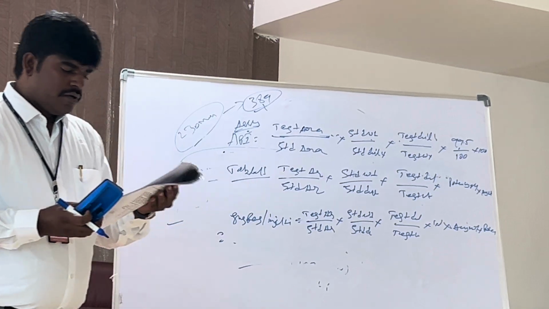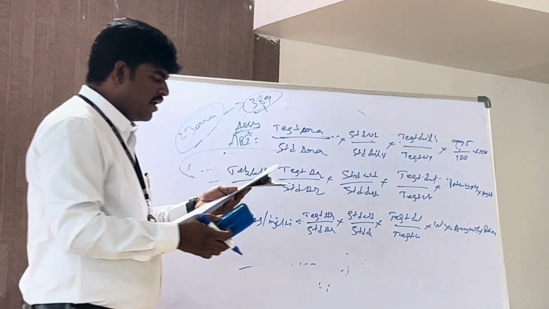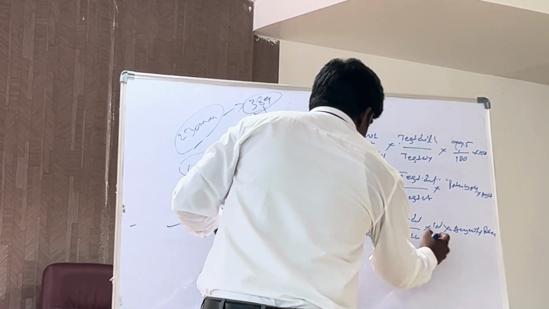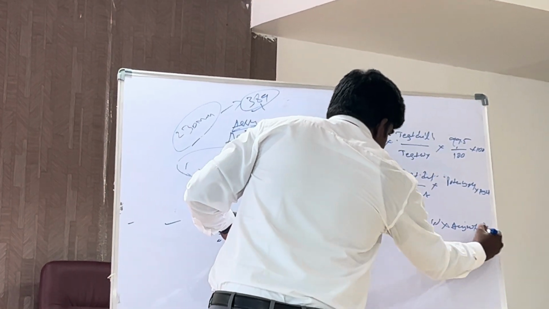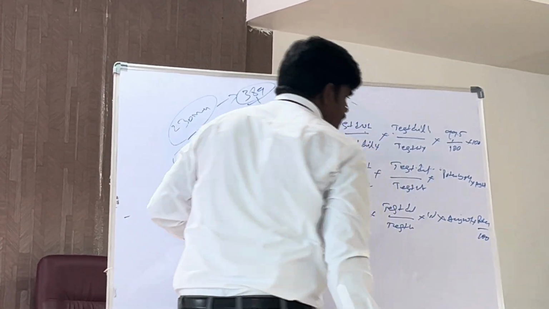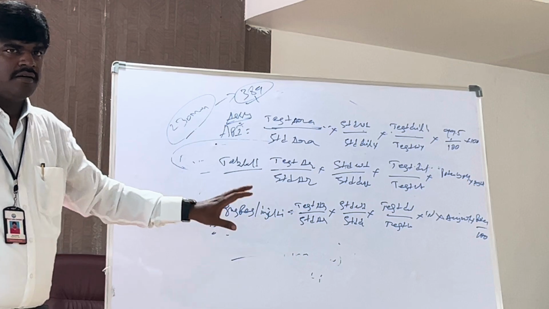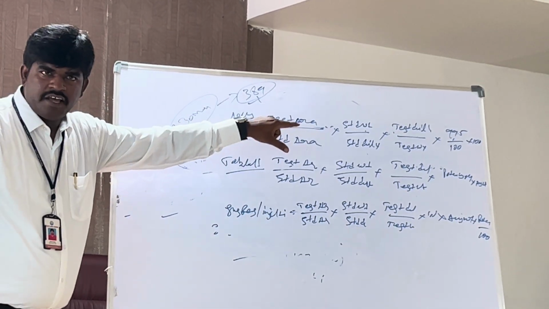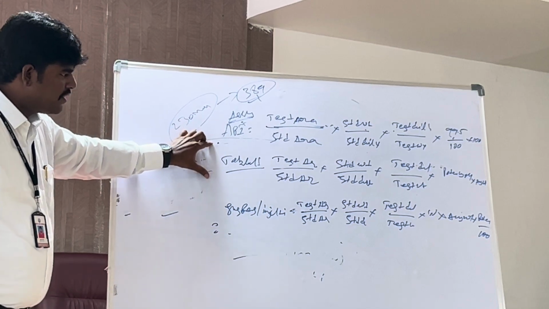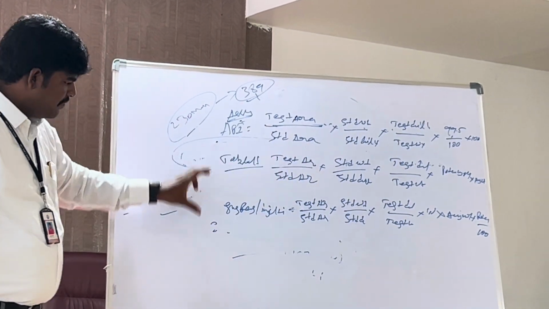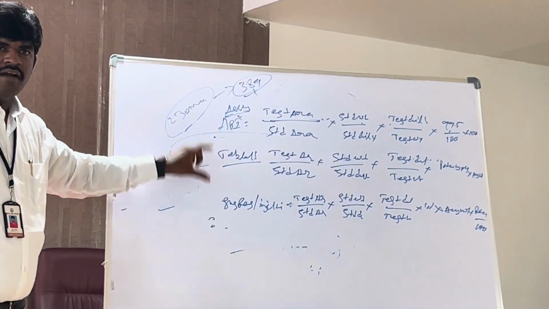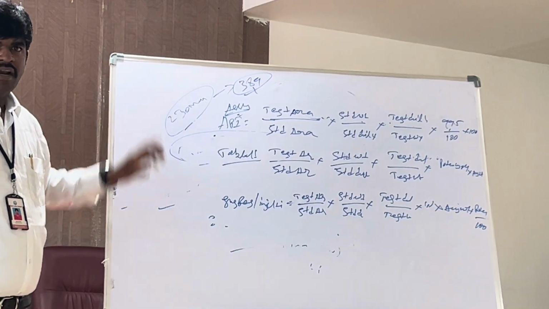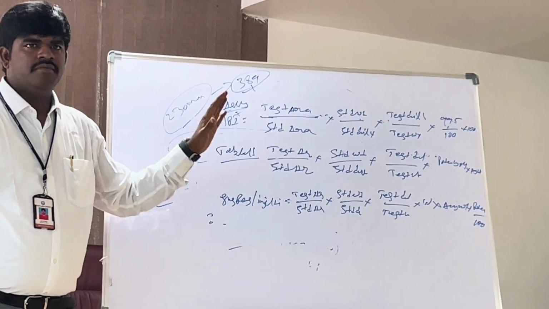Okay. After you get whatever value you are getting here. Understand? Everything is same. If it is an API, it doesn't include the average weight. If it is a tablet, it includes the average weight. If it is a suspension or injection, it includes the weight per ml value. Remaining everything will be the same.